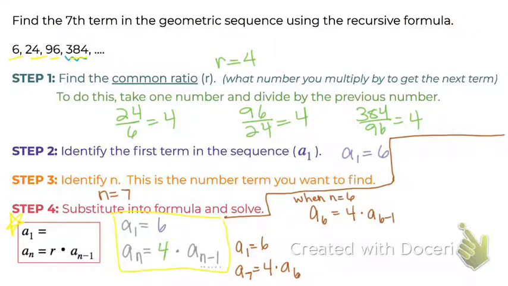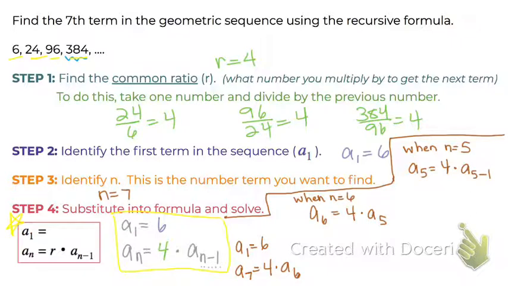So again, we can simplify this a bit. 6 minus 1 is 5, so let's change that to 5. So it says to find the sixth term, we take 4 and multiply it by the fifth term. But we don't know the fifth term yet. So we need to know what is the fifth term. So when n equals 5, let's substitute that into the formula.